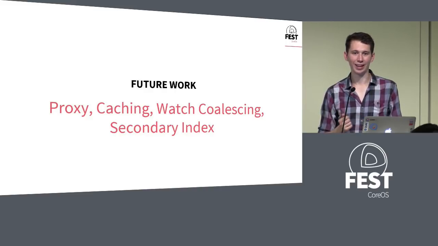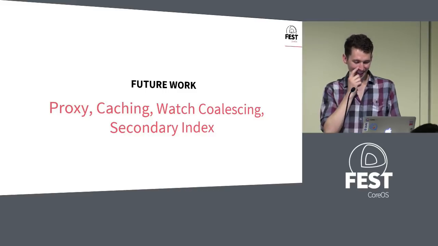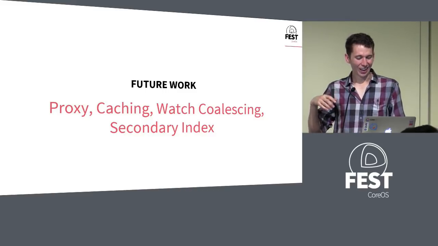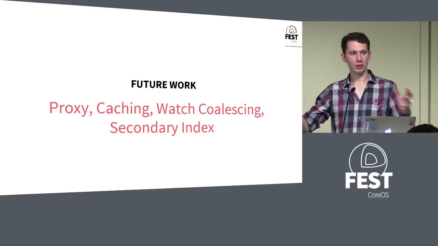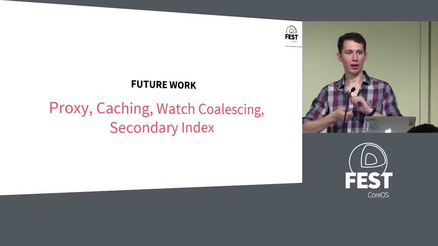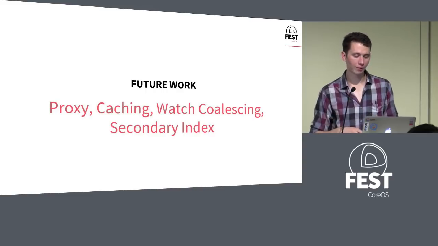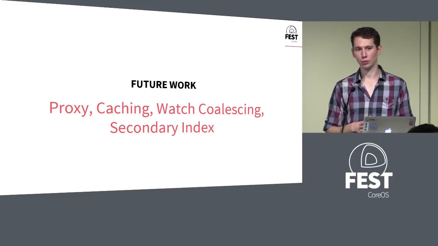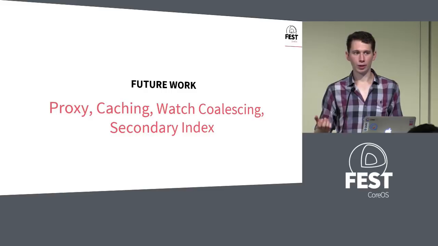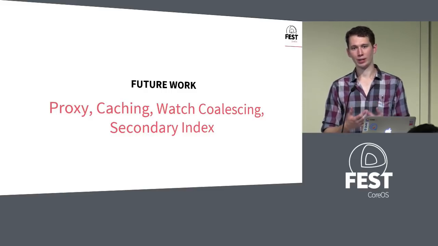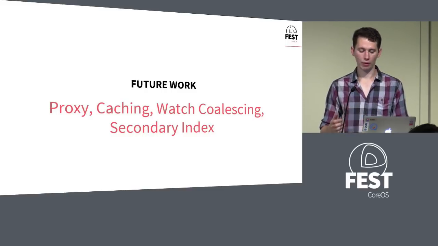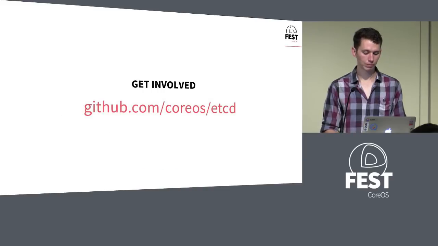So if any of you can sneak that out of Google, I'd really appreciate it. Watch coalescing, essentially taking a number of watches from the same client and ensuring that we don't have to duplicate a bunch of data on the wire, and then introducing secondary indexes, which has been of particular interest to things like Kubernetes that are maintaining their own secondary indexes on top of the etcd key value store.